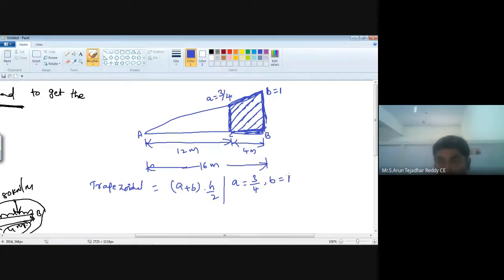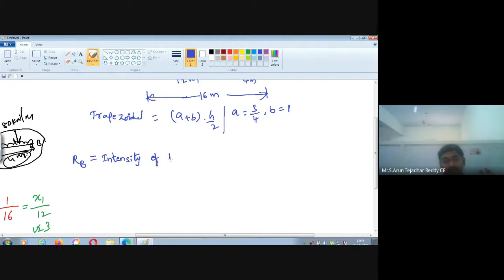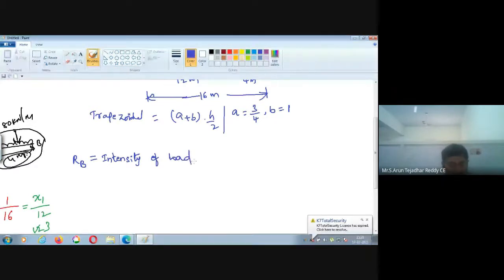Now find out RB. Once again open your previous problem. What is the formula we are having there? That is intensity of load, load means UDL.